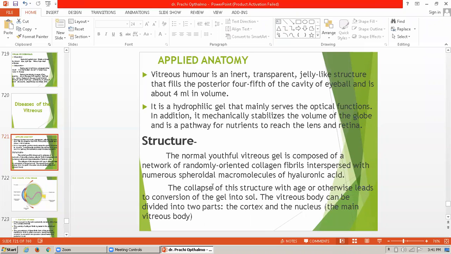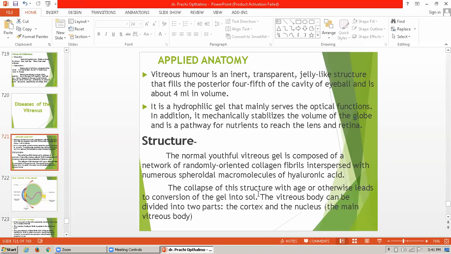Then, when we see the structure of the vitreous, the normal youthful vitreous gel is composed of a network of randomly oriented collagen fibrils interspersed with numerous spheroidal macromolecules of hyaluronic acid.